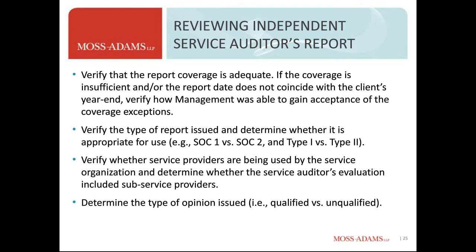If you obtained a SOC report and it covered the 12 months ended March 31st and they hadn't issued another one to date, then when you're looking at it, you may only have comfort that the controls were tested and operating during the first 3 months of your audit period. And we'll talk a little bit more about what you do in those cases, but that's why looking at the report coverage and the dates that are covered are important.